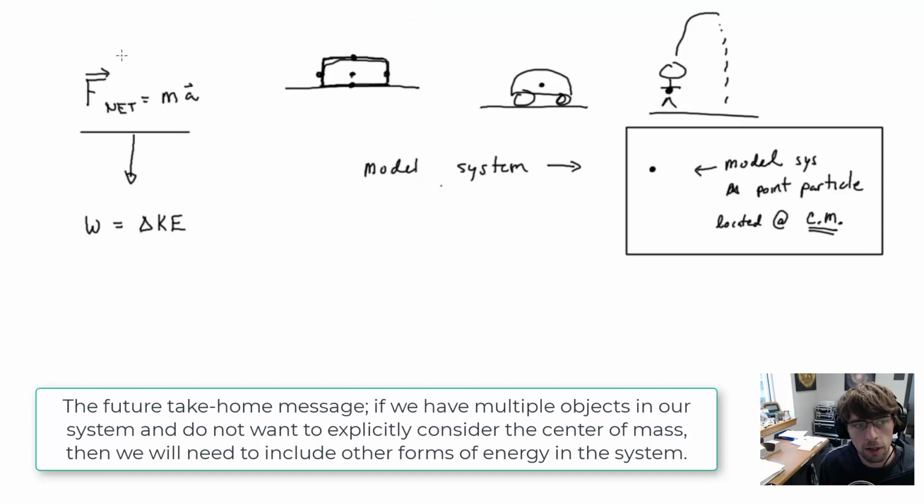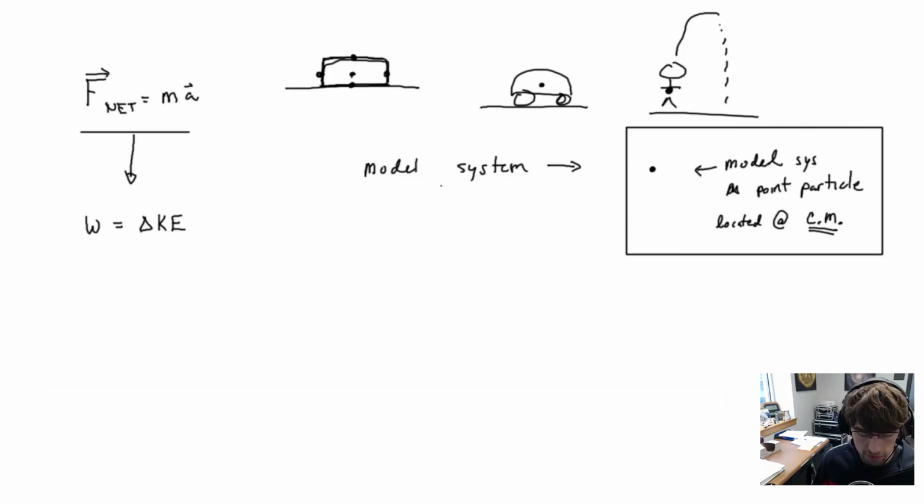If Newton's second law applies to a point particle at the center of mass, then the work-kinetic energy theorem must also be applied to a point particle located at the center of mass. So in other words, we are ignoring everything else about the system.